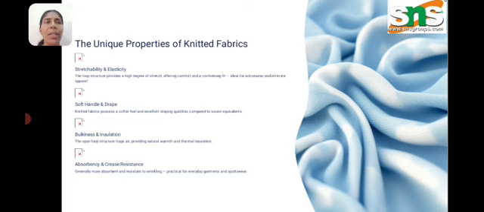The unique properties of knitted fabric. Stretchability and elasticity: the loop structure provides a high degree of stretch, offering comfort and a conforming fit, ideal for activewear and intimate apparel. Soft handle and drape: knitted fabrics possess a softer feel and excellent draping qualities compared to woven equivalents.